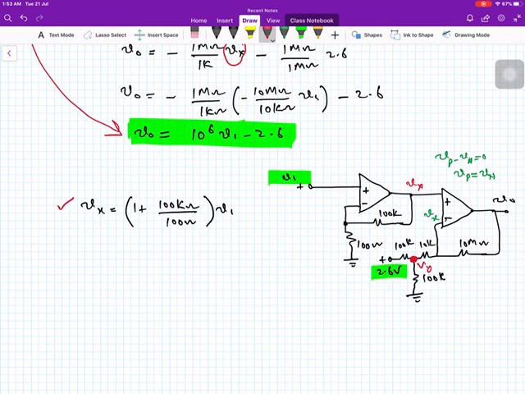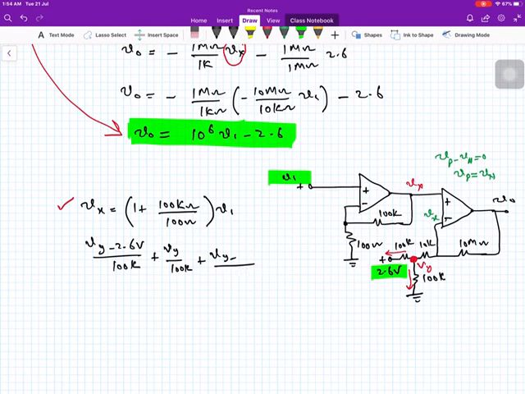The node equation for Vy is: Vy minus 2.6 volt divided by 100K, I mean I have considered this current, plus Vy divided by 100K, which is this current, and then Vy minus Vo divided by 10 mega ohm.